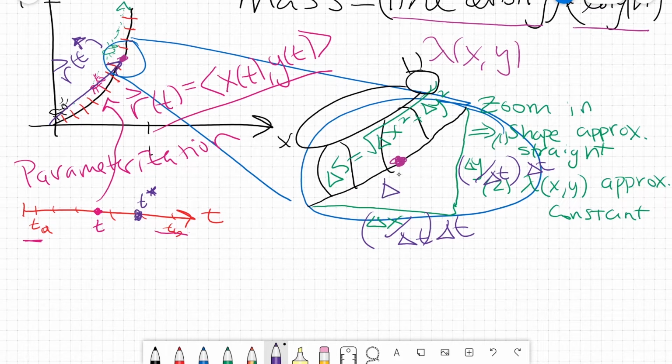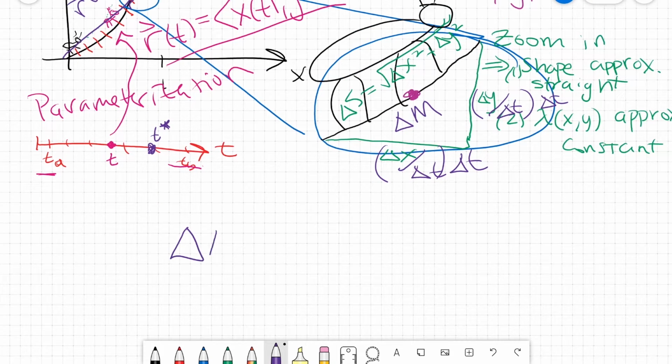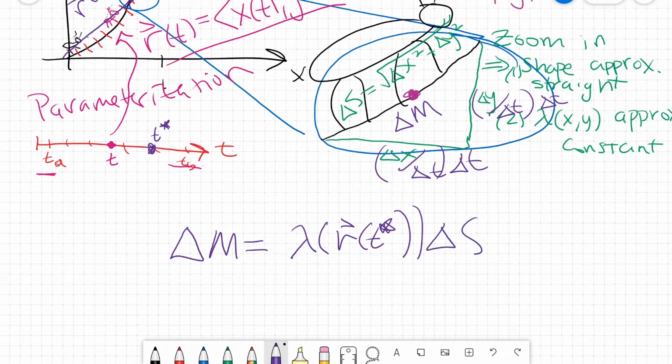Thus, if that tiny piece of string has mass delta m, then delta m is equal to lambda, but what do we plug in for lambda? Well, the location of the ant at t star. And then multiply it by the length. The length is delta s.